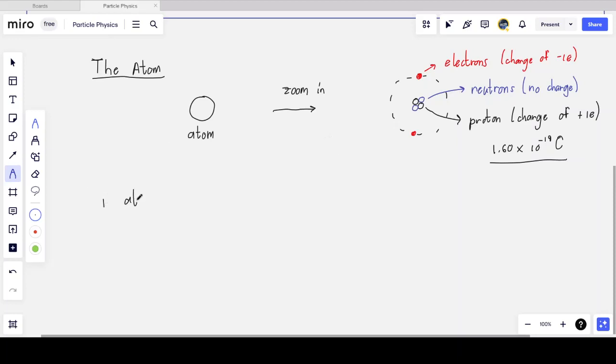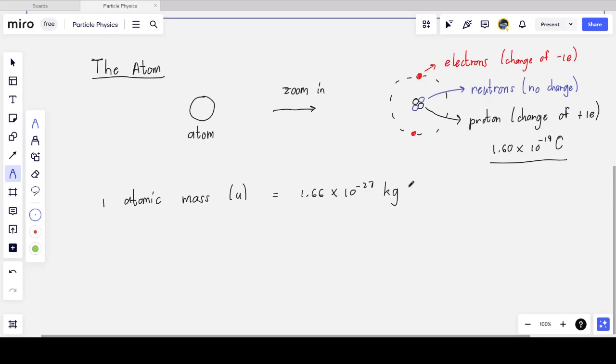Now, before we go any further, we need to define what an atomic mass unit is. We simply can't work in kilograms anymore because we can see that these particles are tiny. One atomic mass unit is roughly the mass of a proton or neutron. A proton and neutron would ideally have the same mass outside the nucleus, but due to some strange effects happening inside the nucleus, their masses are slightly different.